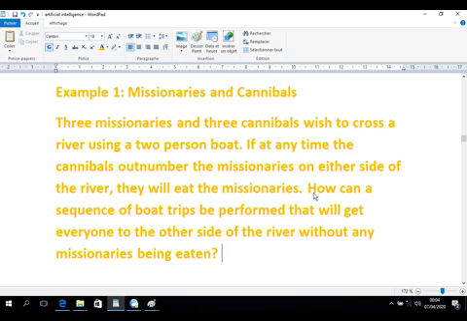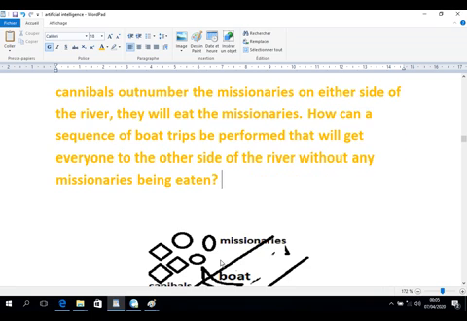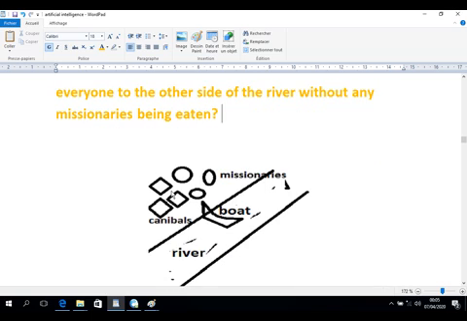If at any time the cannibals outnumber the missionaries on either side of the river, they will eat the missionaries. How can a sequence of boat trips be performed that will get everyone to the other side of the river without any missionaries being eaten?